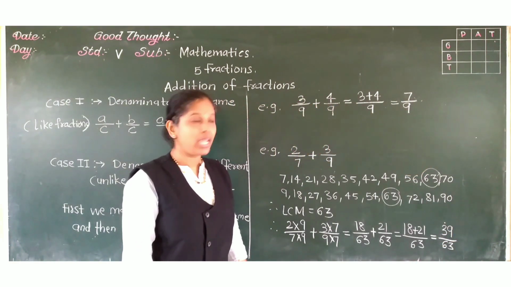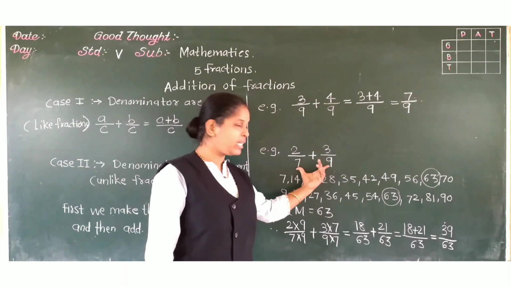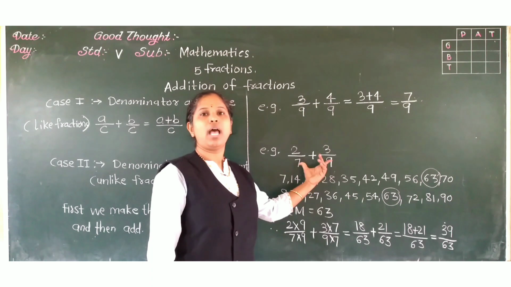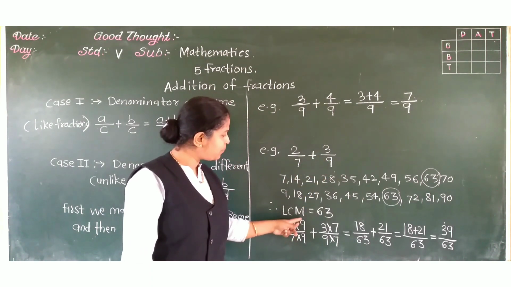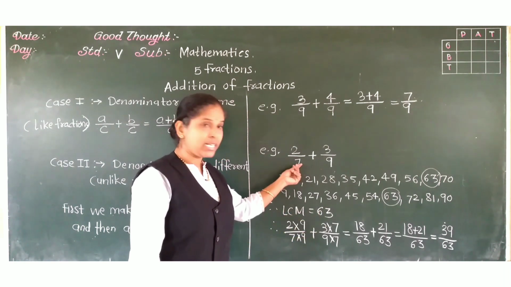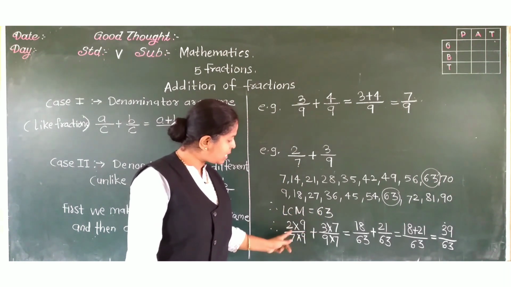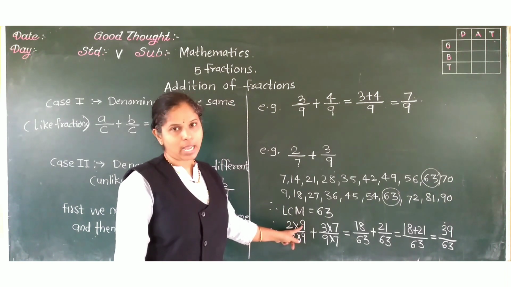In this way, when denominators are different, we have to take the LCM of the denominators, and with that LCM we have to multiply. Now see, LCM is 63. So when we multiply 7 by 9 to get 63, the numerator also we have to multiply by 9.